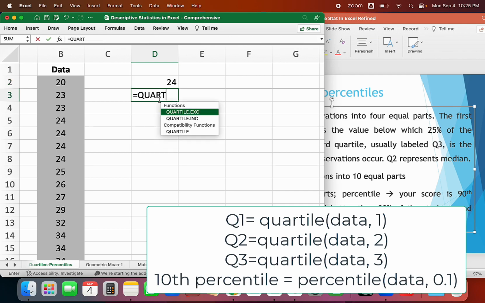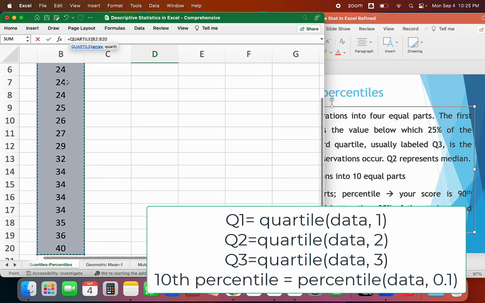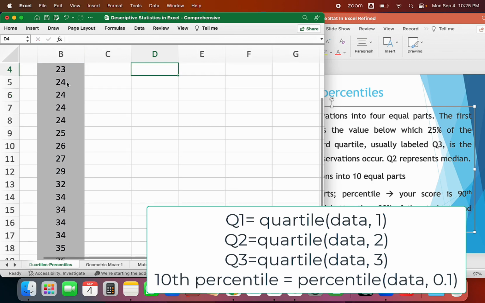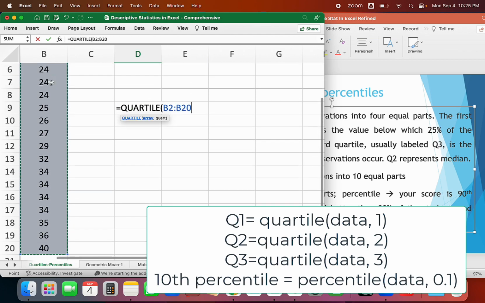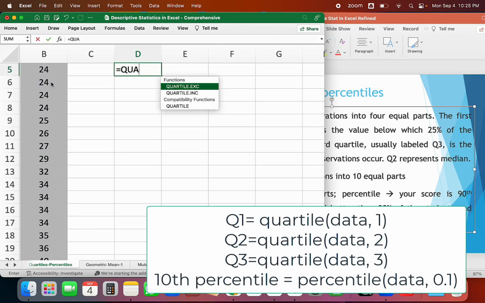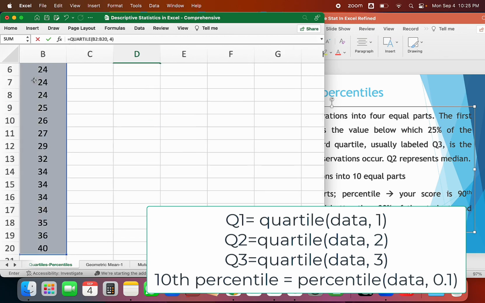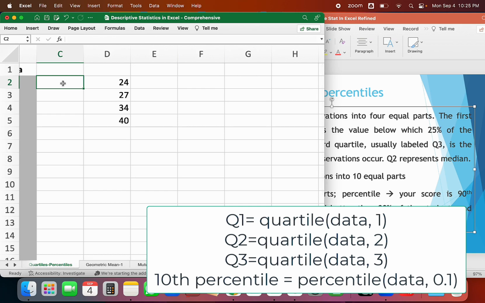Second quartile will be again selecting whole data, and then 2, which means the second quartile. Similarly, third quartile will be whole data, comma 3, and last one will be quartile, whole data, and 4. So these are 4 quartiles. We also call them Q1.